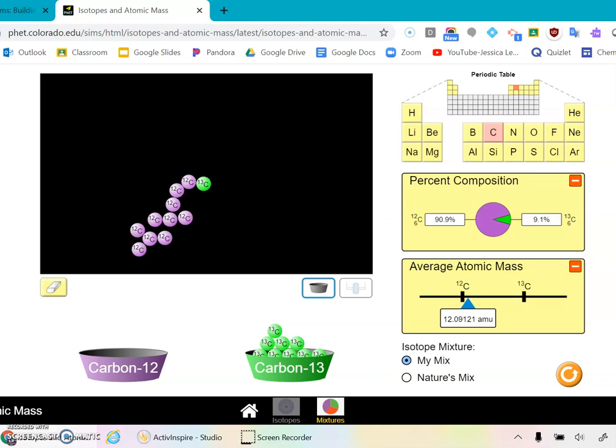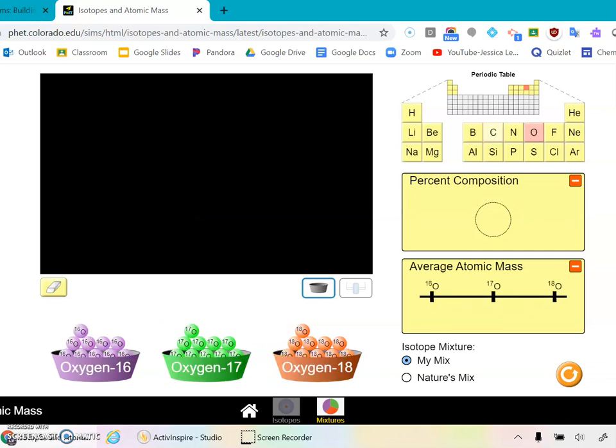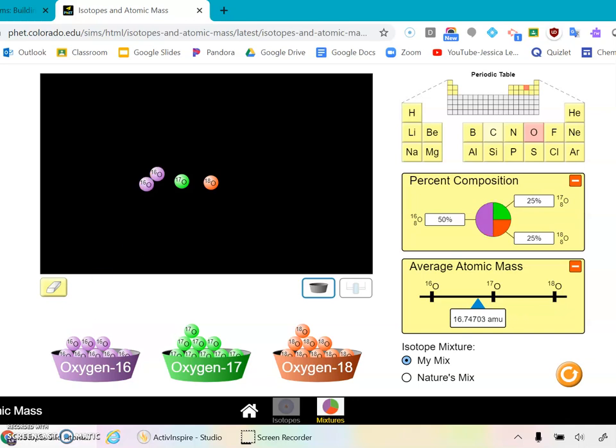One that's really interesting is oxygen, okay, because oxygen has 3 different isotopes, oxygen 16, 17, and 18. And we can see that we have our 16, 17, and 18. If they were all equally averaged out, it would be a mass of about 16.997. But it's not. Oxygen 16 is far more abundant.